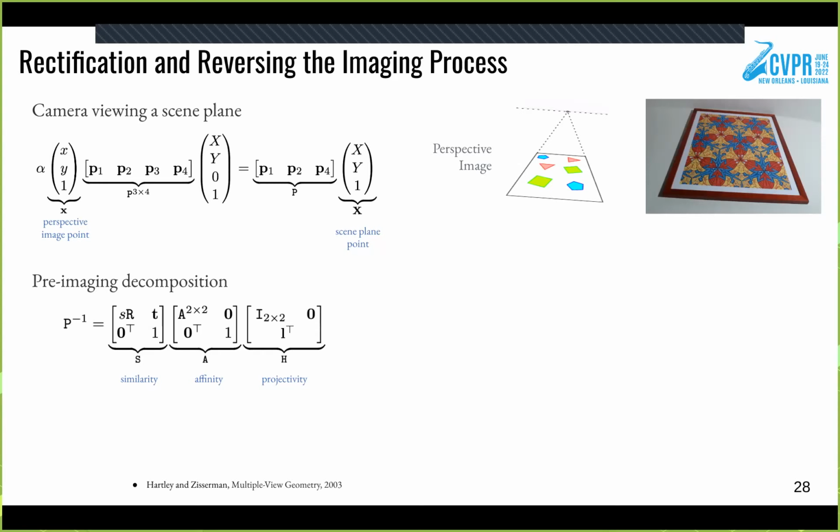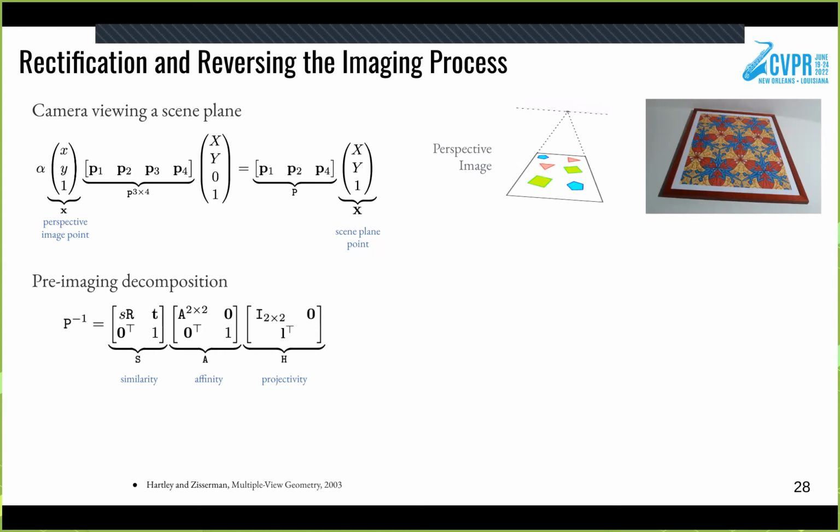We have an image of an object, and we want to get as close as possible to how it looks in the scene. This is a process where we progressively remove imaging distortions, which is basically traversing the rectification hierarchy.